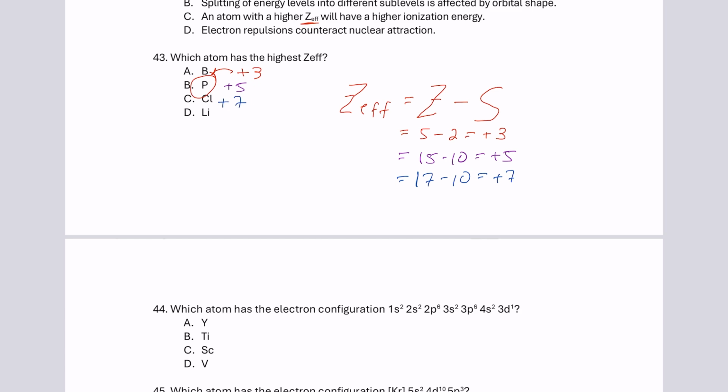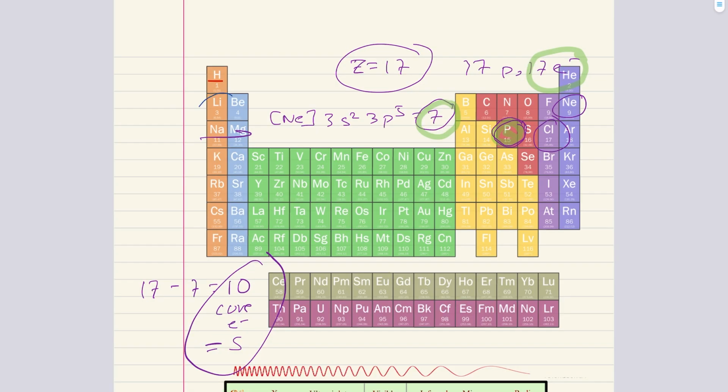Last but not least, we have lithium, which is over here. It has an atomic number of 3, which means that a neutral lithium has 3 protons and 3 electrons. If we write the electron configuration for lithium, it's going to be 1s2, 2s1. That means 1 electron is the valence electron, and the other 2 are the core electrons, so S is equal to 2.